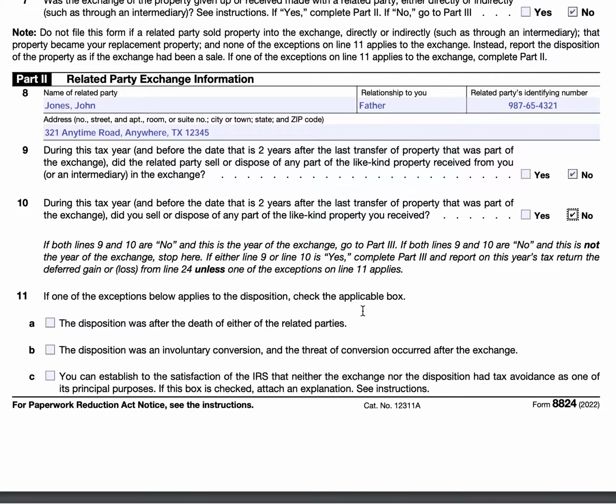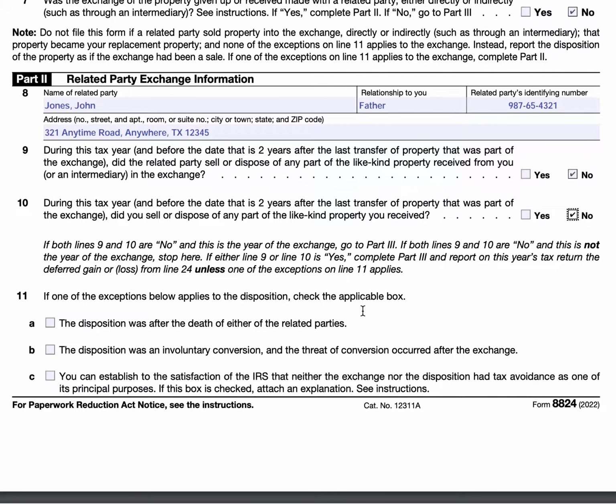One, the disposition being after the death of one of the related parties. 2, the disposition was an involuntary conversion and the threat of conversion happened after the exchange took place. Or 3, you can establish to the IRS's satisfaction that neither the exchange nor the eventual disposition of the property had tax avoidance as one of its primary purposes.